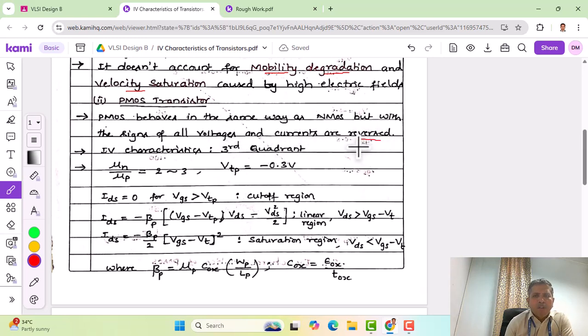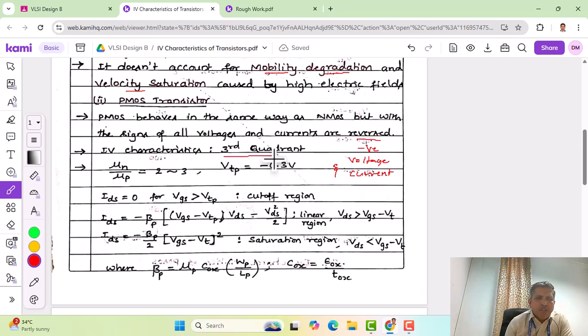We have negative voltages and negative currents for PMOS transistors. Therefore, the drain to source characteristics for the PMOS transistor fall in the third quadrant.